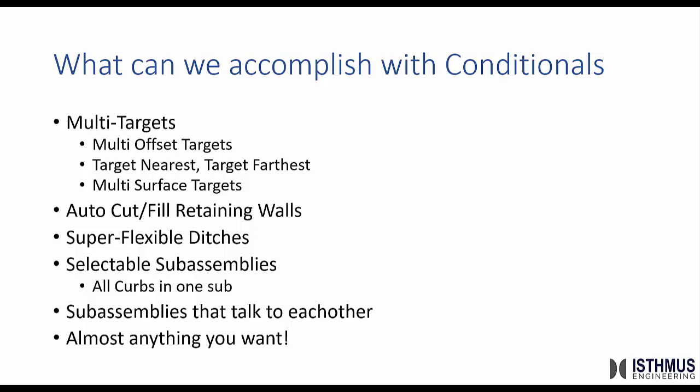We have conditions all the time where we want to be able to target multiple surfaces. So we have a condition where we have our existing grade surface that we get back from our surveyors, and then we end up getting, say, a muck surface that has to be pulled out and remediated before we can do any work. And then we want to be able to dig out our datum surface below whatever is still there. Well, what that means is you want to be able to target the lowest surface.